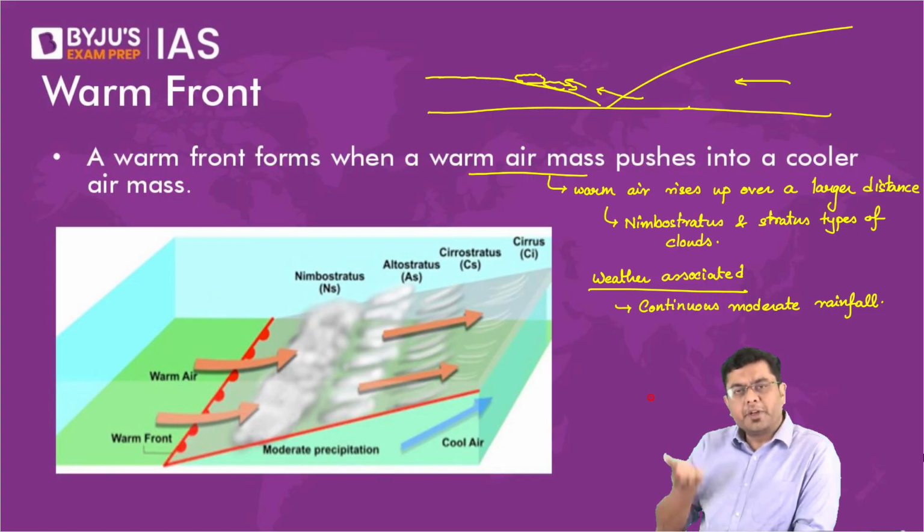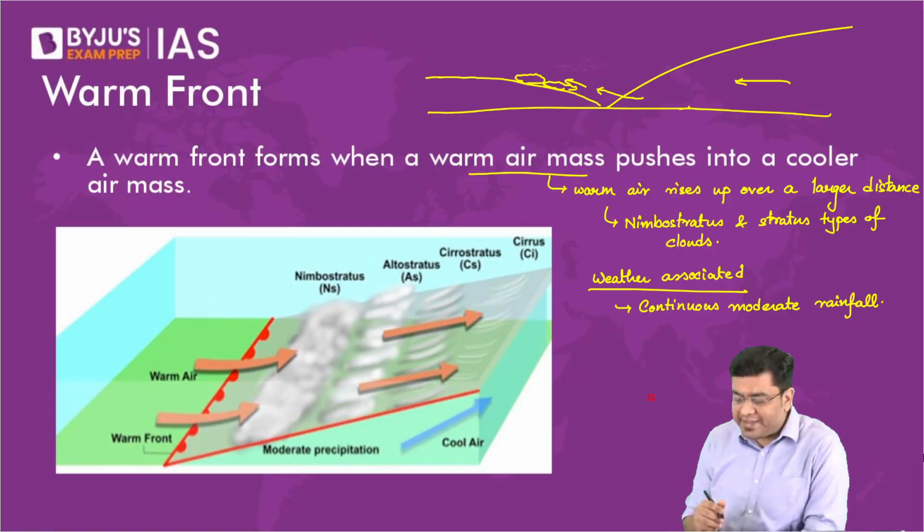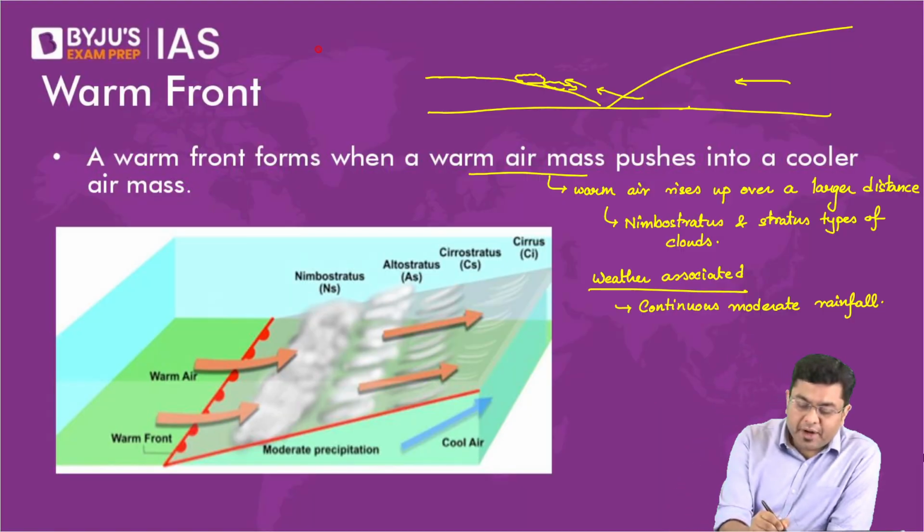Is it because of the convection current? No. Is it because of the mountain present in between the air movement? No. This rainfall is again because of the front formation in itself. So can we say that here also you will have frontal rainfall? So that is a frontal rainfall that you will experience.